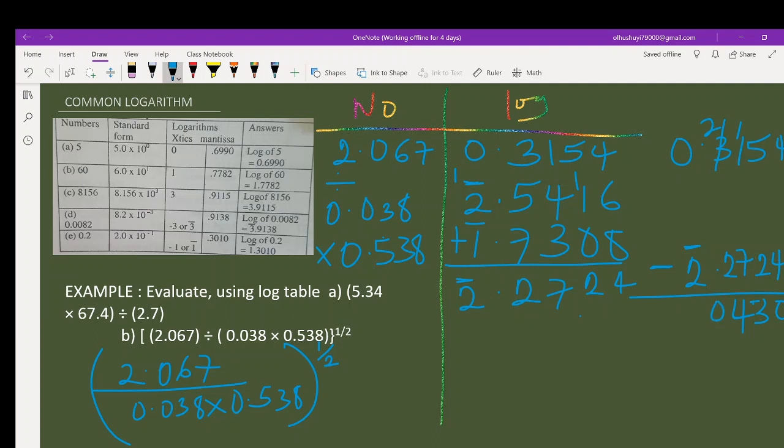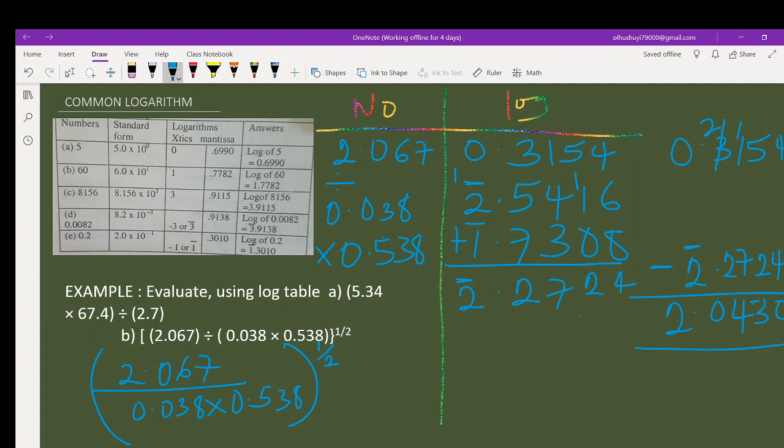Then 0 minus open bracket minus 2. But bar 2 means minus 2, I've said that. So that becomes 2. So the work becomes easier for us. So we have 2.0430. Everything inside this bracket is now settled.